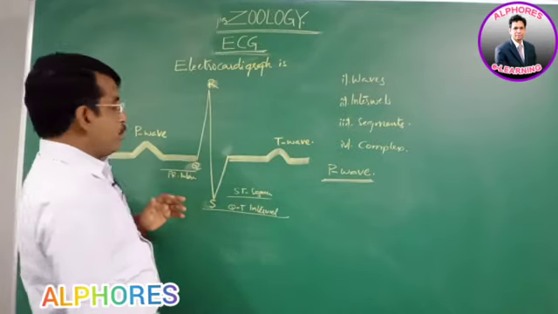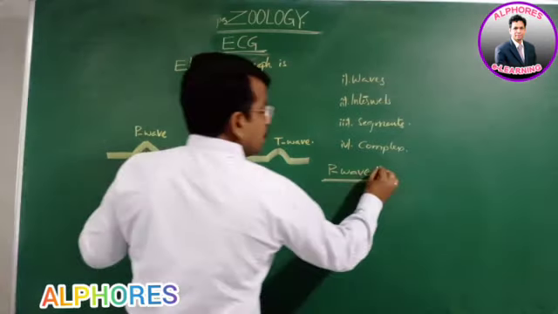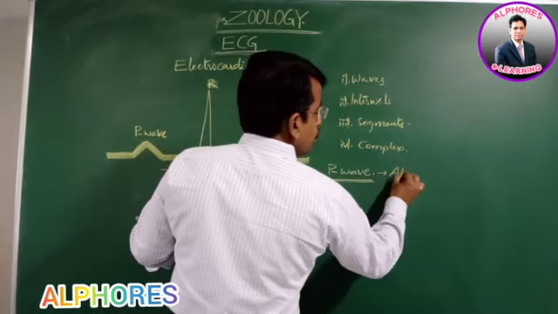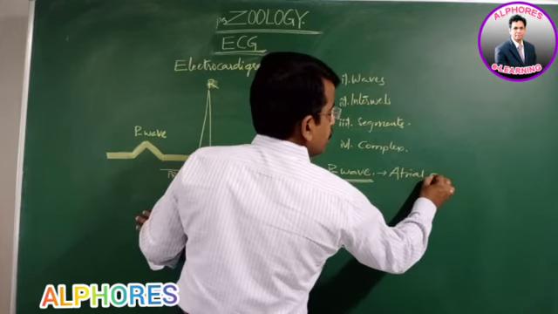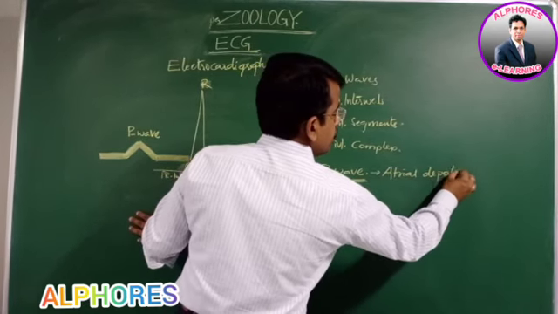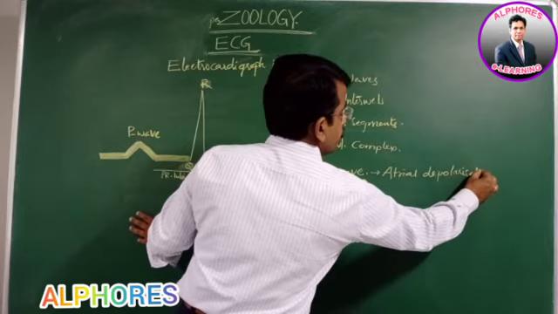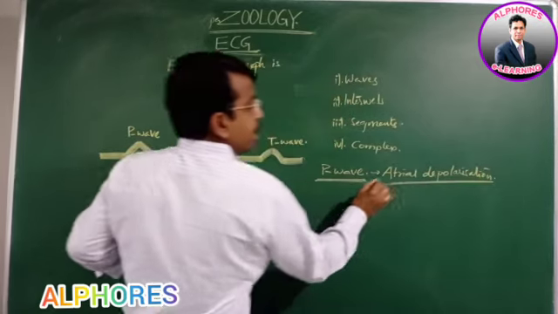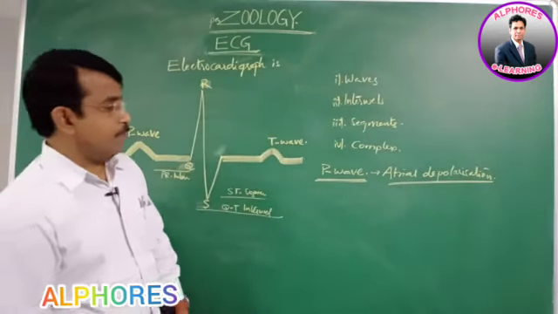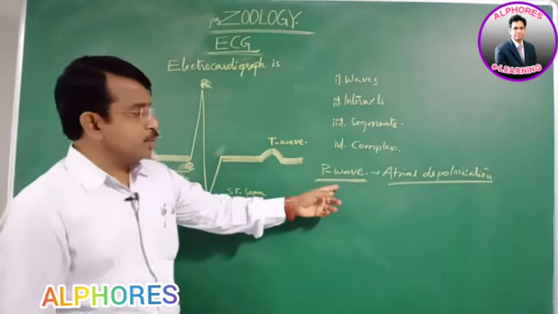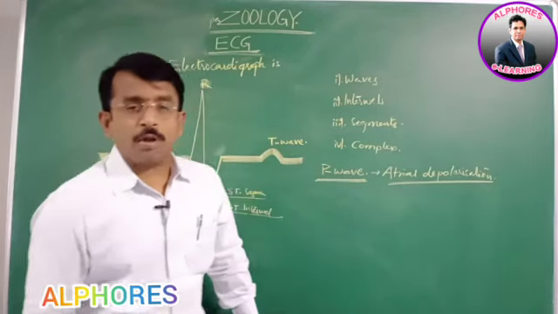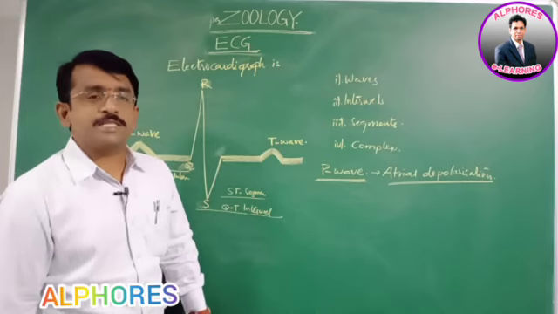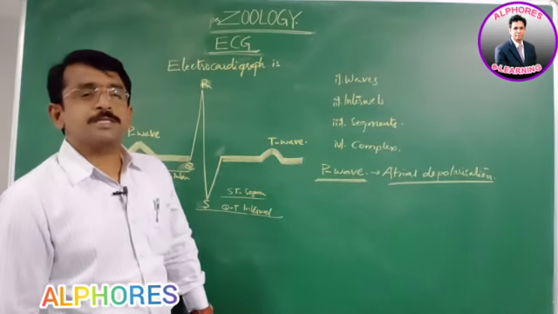P wave refers to atrial depolarization, which means the atrial systole. P wave refers to atrial depolarization, or else it is the atrial systole.